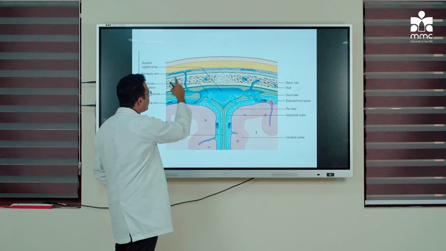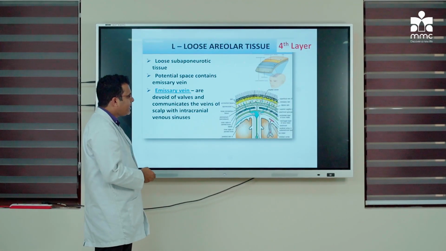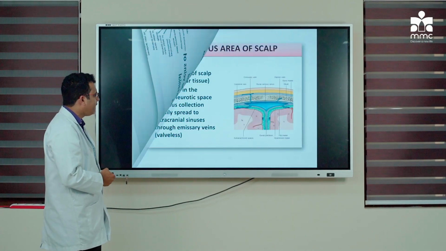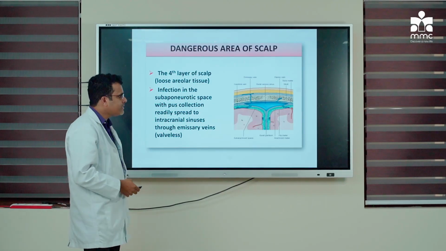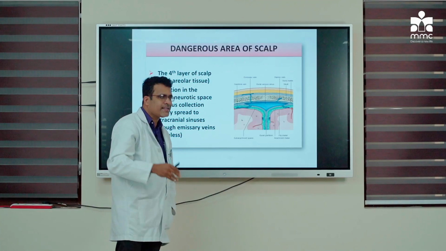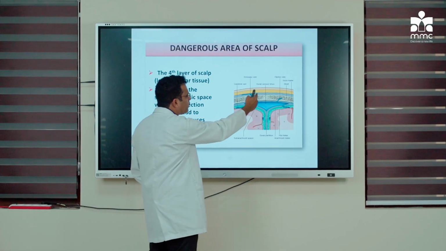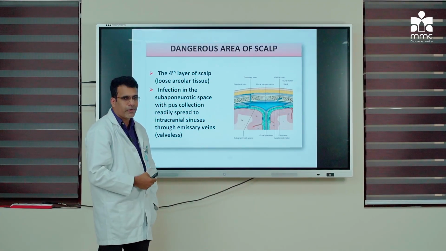and extracranial venous channels. So because of this direct communication, the fourth layer is popularly called the dangerous layer of the scalp. Why is it called the dangerous layer? The fourth layer is lying just beneath the aponeurosis. So just beneath the aponeurotic layer, any infection that happens, we will call it subaponeurotic.